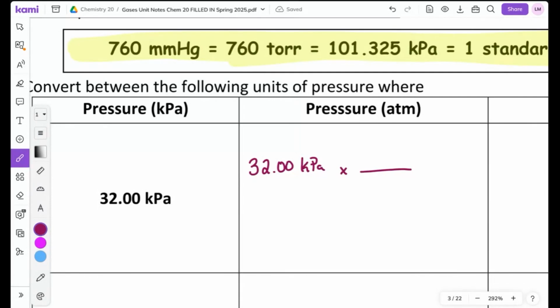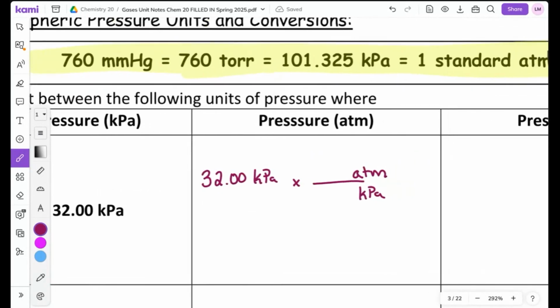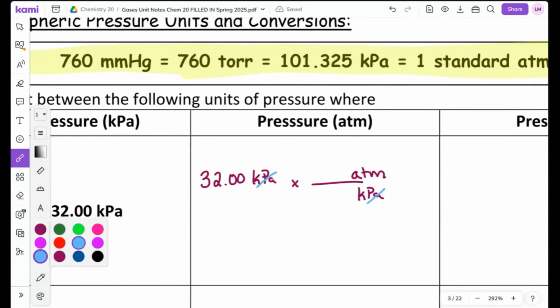We want to get rid of kilopascals and end up with atmosphere. So since kilopascals is in the top, I'm going to put kilopascals in the denominator, and then I'm going to put atmosphere in the top. What that's doing here is our kilopascals will cancel out and we will be left with atmospheres.